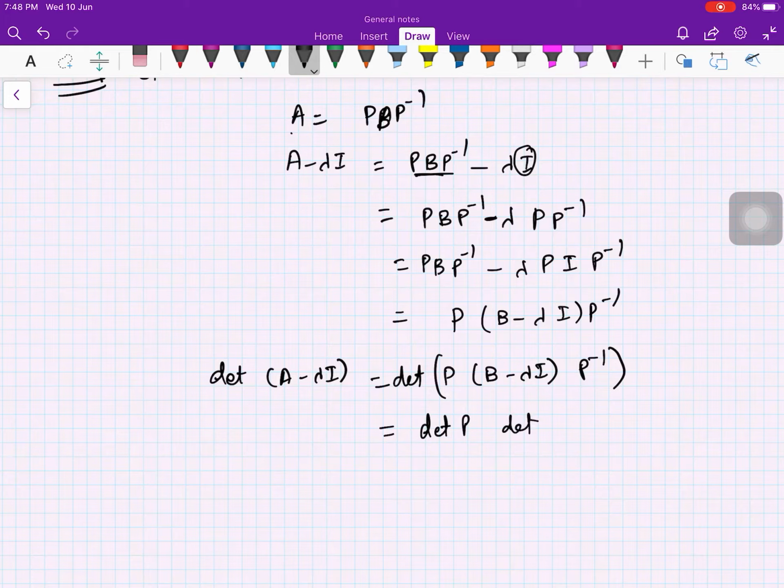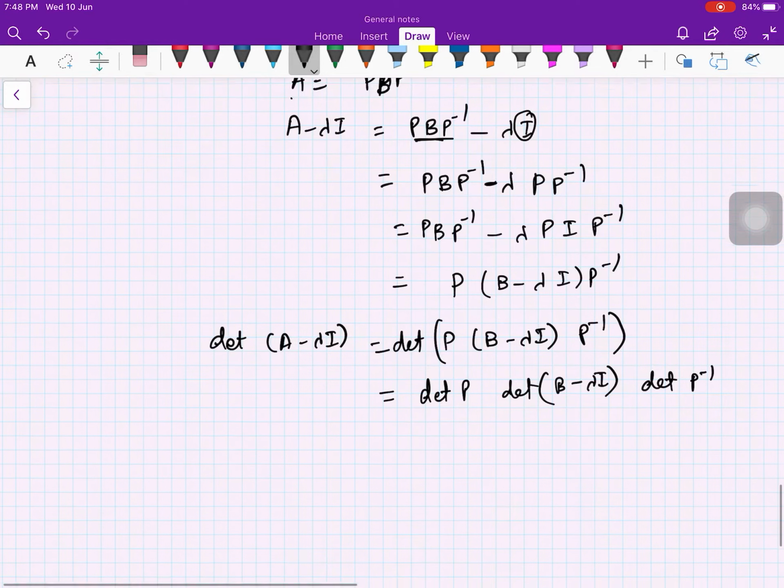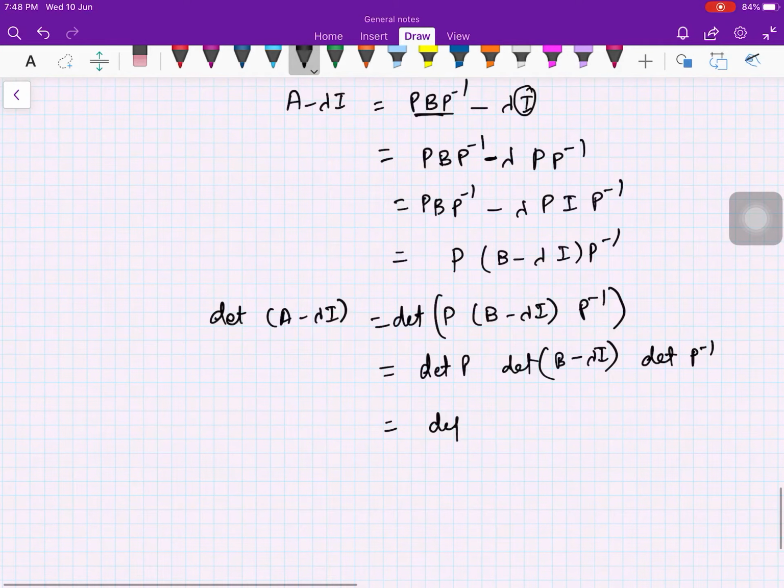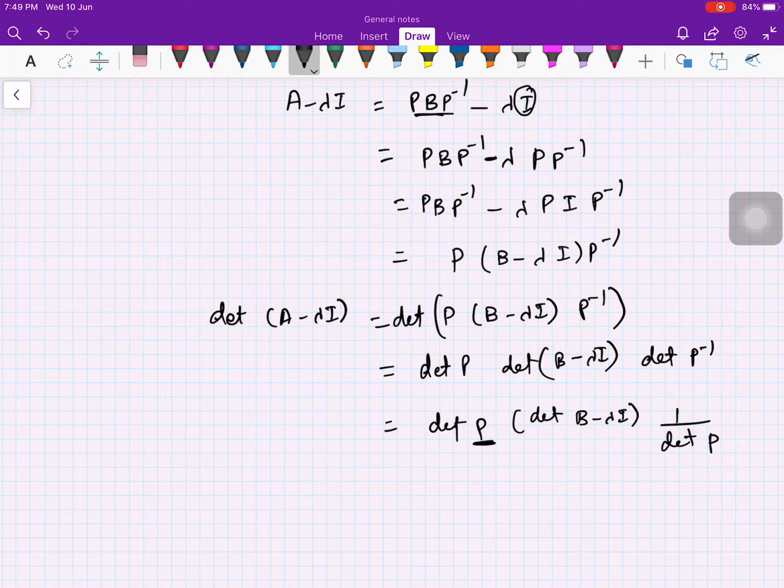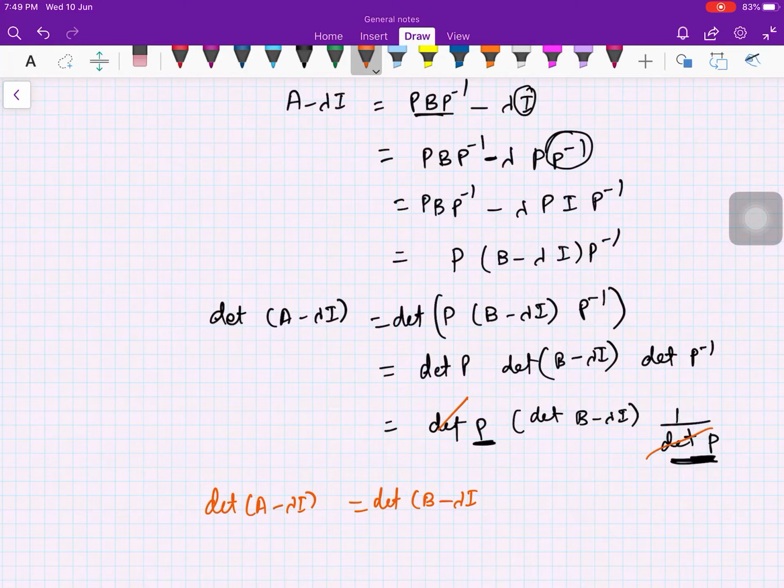So this is determinant of P inverse, determinant of B minus lambda I, into determinant of P. We know determinant of P inverse is 1 upon determinant of P, and because P is invertible, this determinant is non-zero. So this cancels, and you get that the determinant of A minus lambda I is equal to the determinant of B minus lambda I.